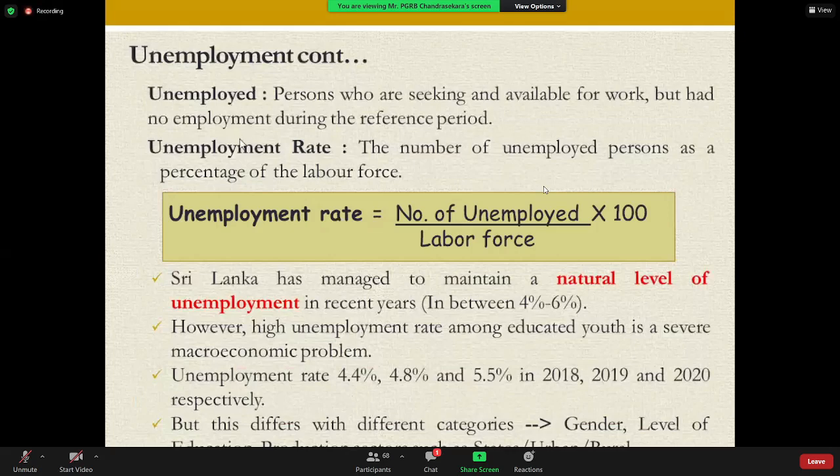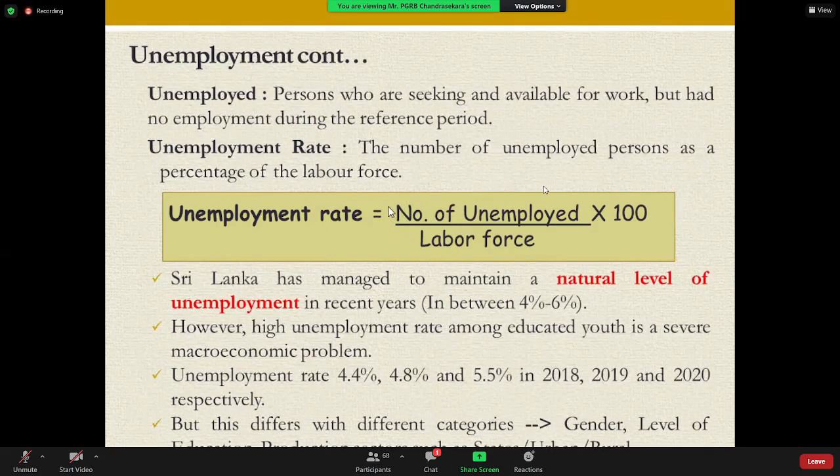Unemployed: a person who was seeking or available for work but had no employment during the reference period. Unemployment rate: how are you going to identify the unemployment rate?